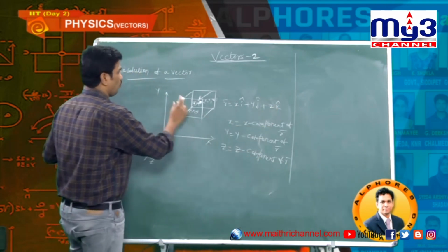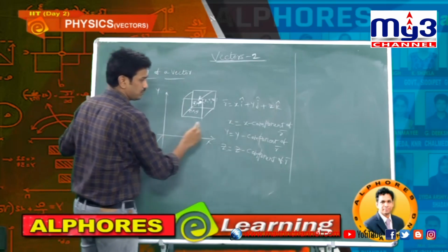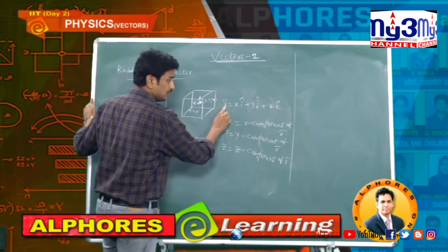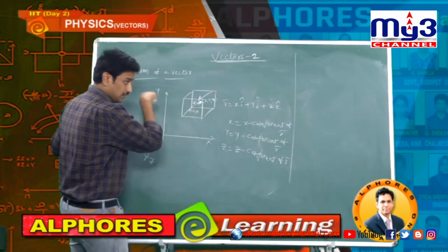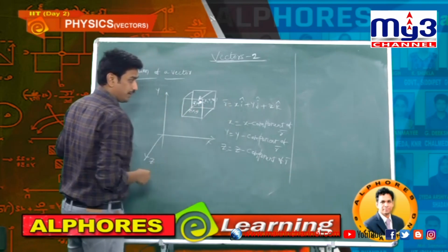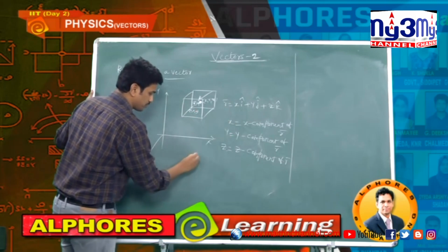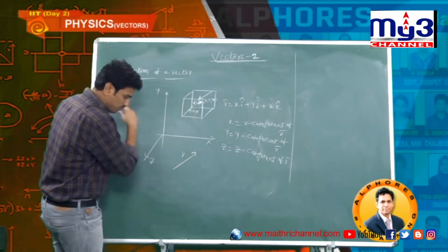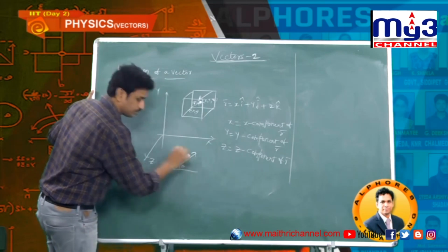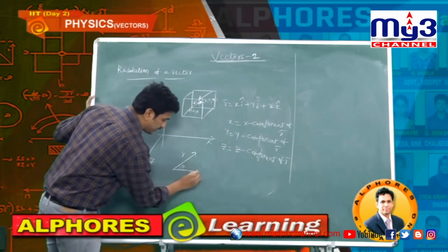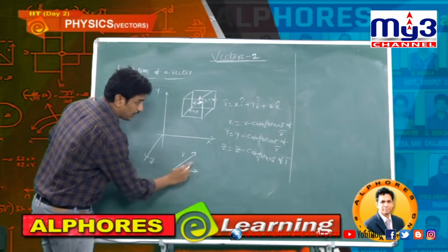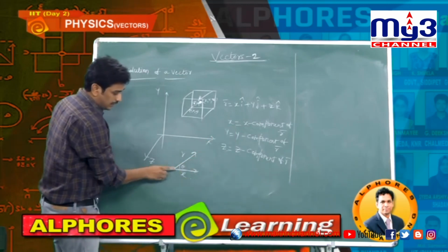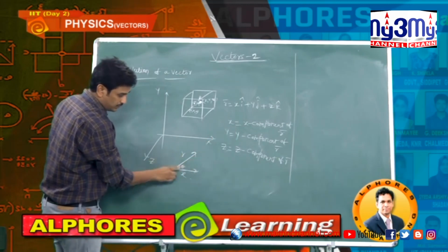Now, why is this called resolution? Because a vector has 3 components: x component, y component, z component. Suppose I am writing here R, this is theta. What is the x component? The x component of R is x.